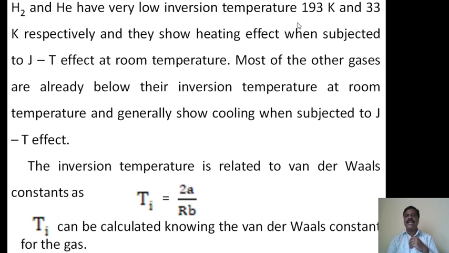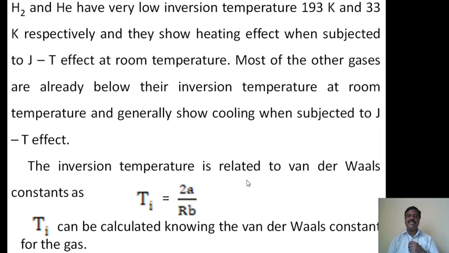Hydrogen has an inversion temperature of 193 Kelvin, whereas helium has 33 Kelvin, and they show a heating effect when subjected to the JT effect at room temperature. Most of the gases are already below their inversion temperature at room temperature and generally show cooling when subjected to the Joule-Thomson effect.